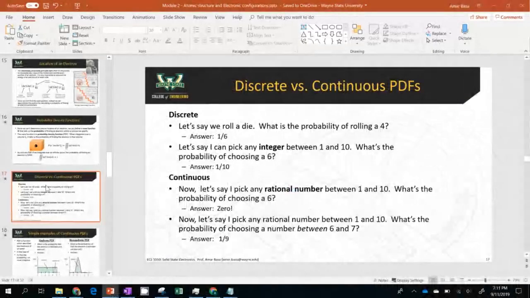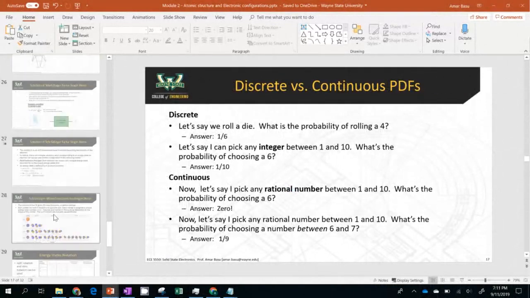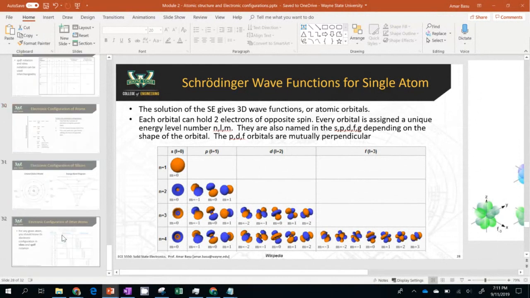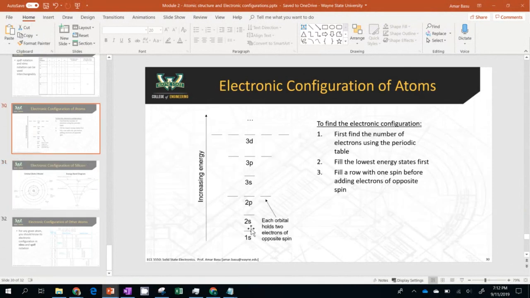And the Schrodinger equation is what ultimately tells us things like this. It tells us what the orbitals look like. The electrons reside in these things called orbitals. You'll find out about that next time. And then also about electronic configurations. We'll talk about these band diagrams, and we'll talk about these energy states like the 1s, 2s, 3s energy states and what they look like in silicon.